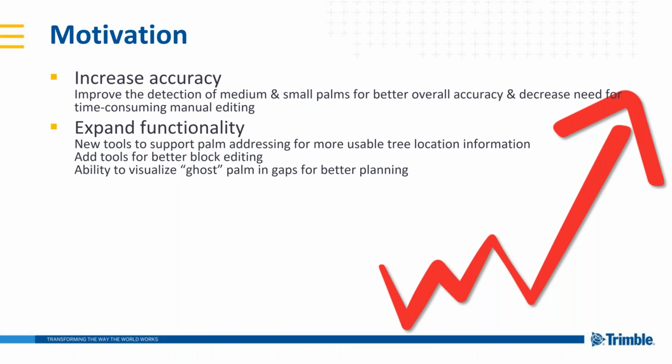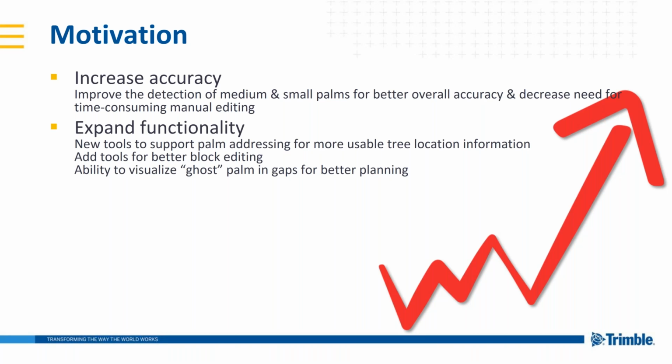We wanted to expand functionality. We wanted to introduce new tools to support palm addressing, and this would be a more usable palm location information. So not just the coordinate, but the address itself, which is made up of a block ID, a row ID, and then a tree ID.